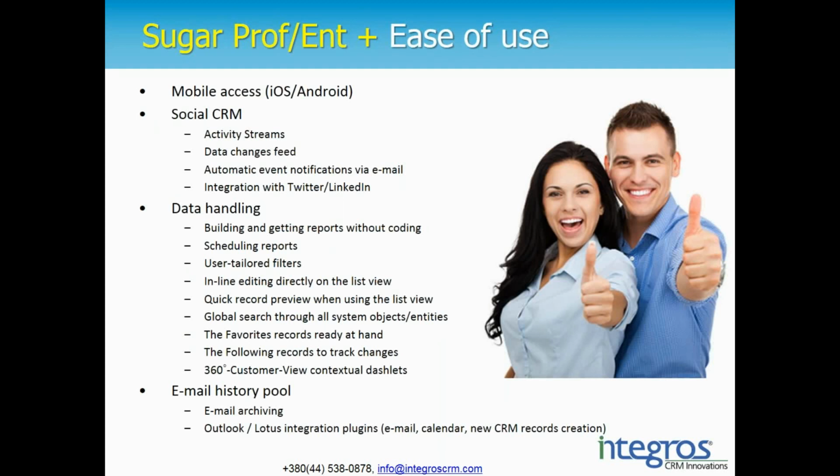In professional editions, there is a tool which gives users the possibility to configure how they want to select data. Moreover, the filters can be used as dashlets on users' dashboard in Sugar.